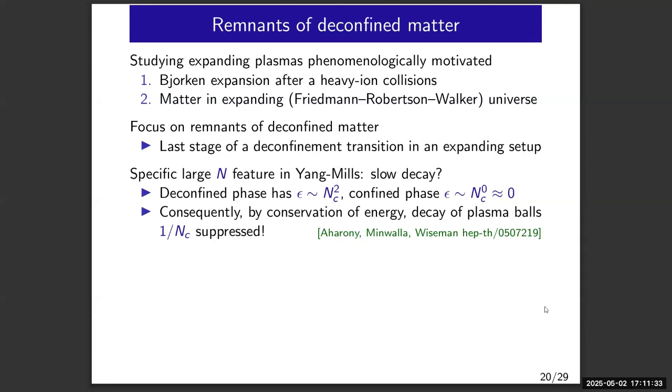So consequently, by conservation of energy, these deconfined remnants really don't want to decay. Their decay rate is 1 over N_c suppressed, or actually 1 over N_c squared suppressed. And maybe this is already also a good approximation actually for N_c equals 3 Yang-Mills.